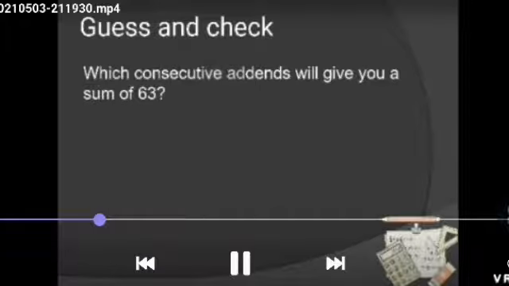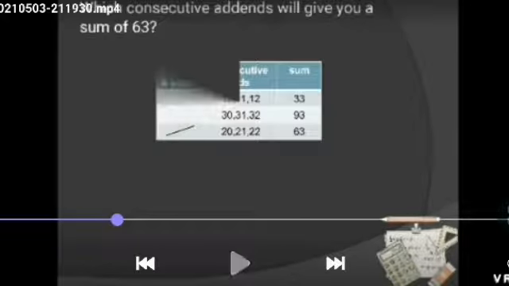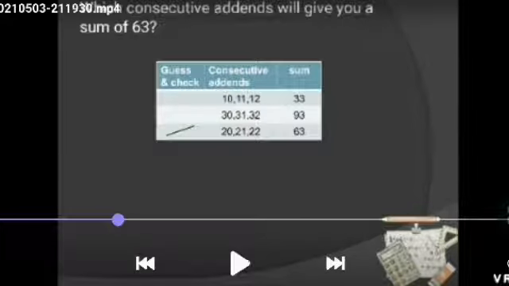The next is guess and check. Which consecutive addends will give you a sum of 63? I have here a table. So the possible consecutive addends will be 10, 11, 12, 30, 31, 32, 20, 21, 22.